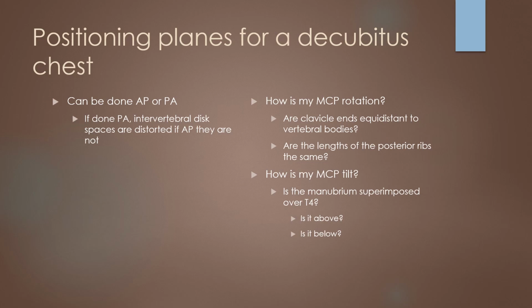If the clavicles are high or the manubrium is above T4, that would indicate that the patient's shoulders were tilted posteriorly towards the IR if they were in AP projection, or if they were in PA projection, that would indicate that they were tilted anterior to the IR.